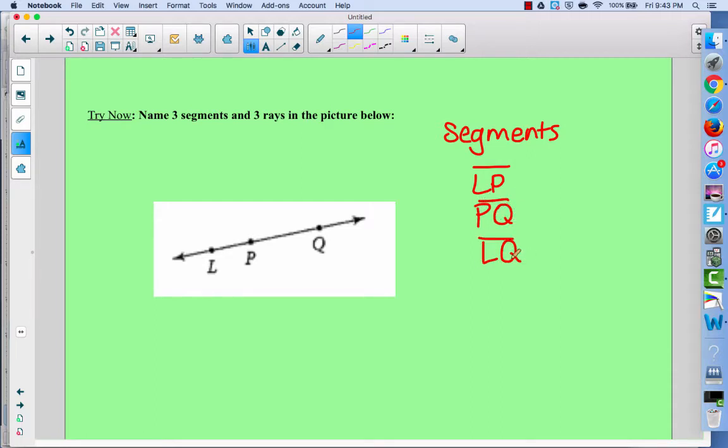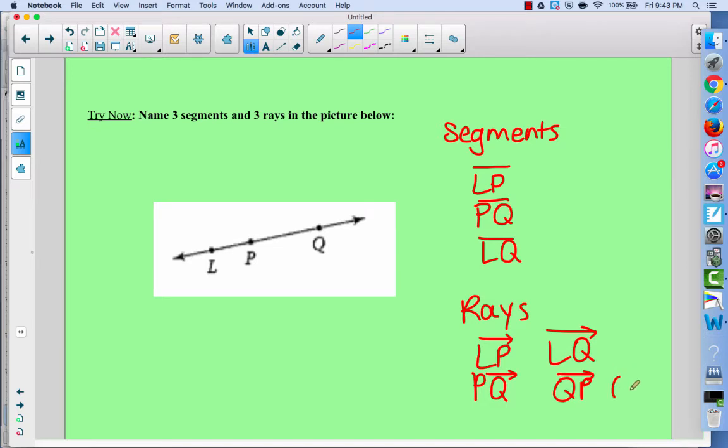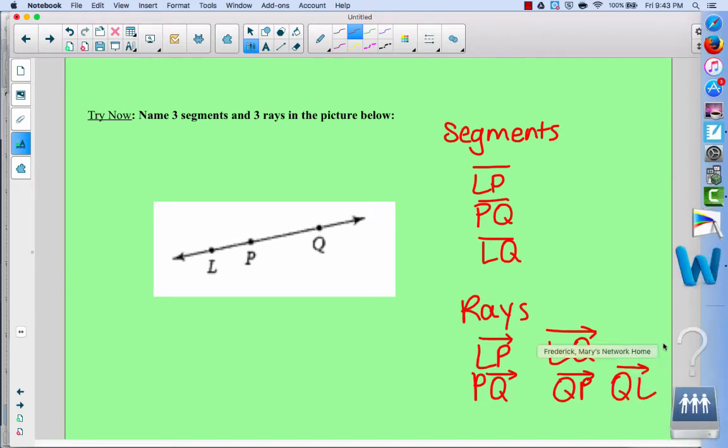Those are all segments. The rays that I saw, I saw LP with the ray symbol. I saw PQ with the ray symbol. I saw LQ with the ray symbol. You could have said QP with the ray symbol. You could have said QL. So any of those would work.